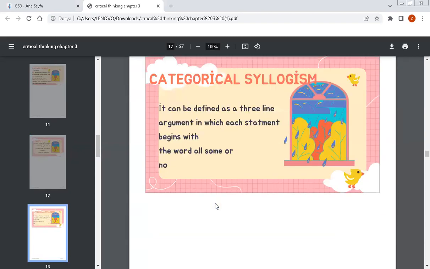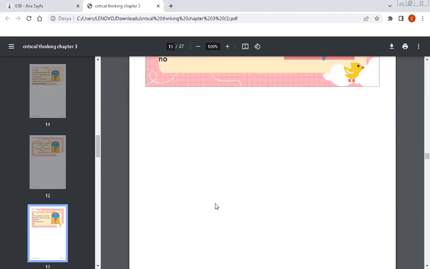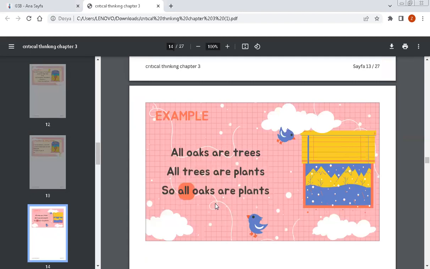The second one is categorical syllogism. It can be defined as a 3-line argument in which each line begins with the word all, some or no. For example, all oaks are trees, all trees are plants, so all oaks are plants.